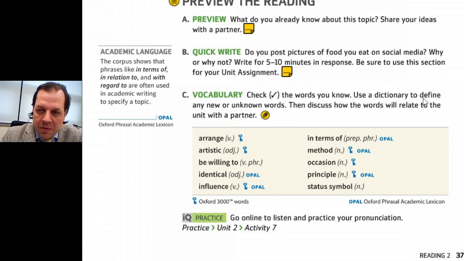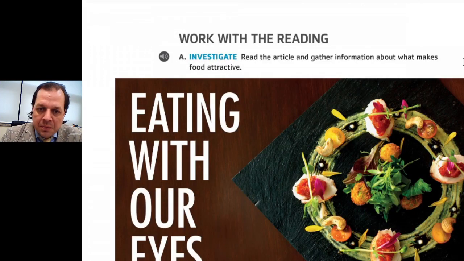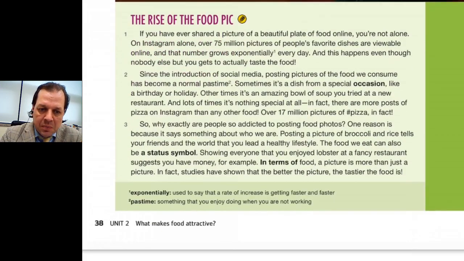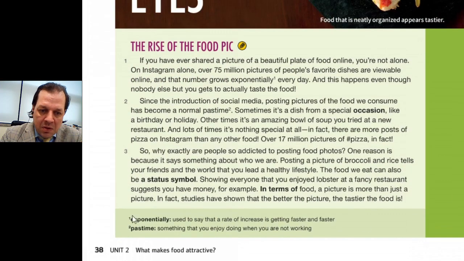There's another IQ for pronunciation. Alright, again, I'm not going to press play. I think you guys all have the audio tracks on your online workbook anyway, if you look for them. You can certainly follow along and shadow the reading, but they do give you also some footnotes to explain some of these words at the bottom of each reading.